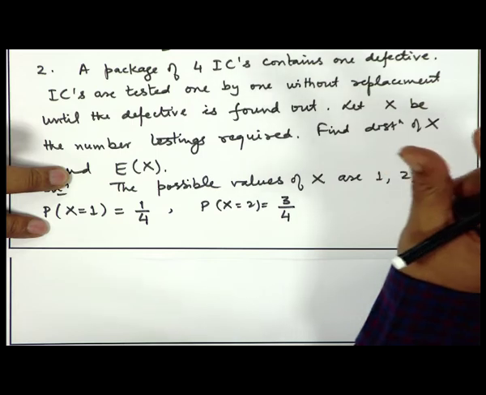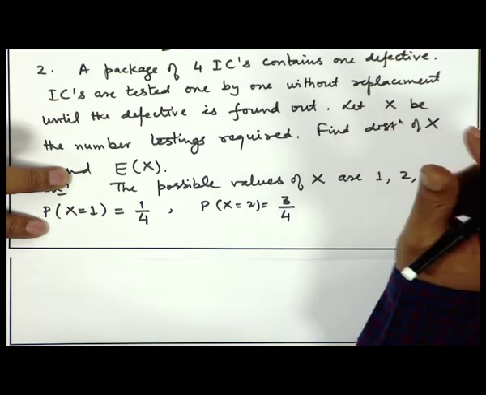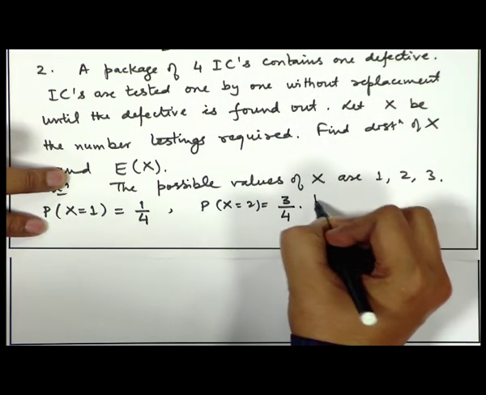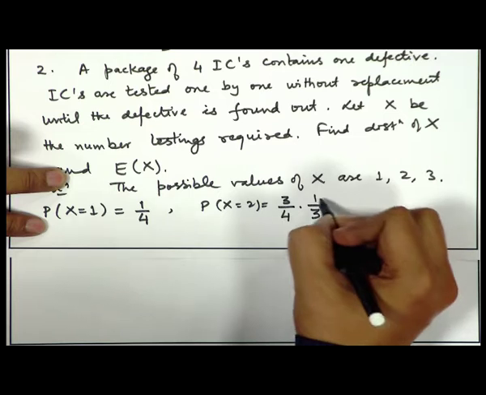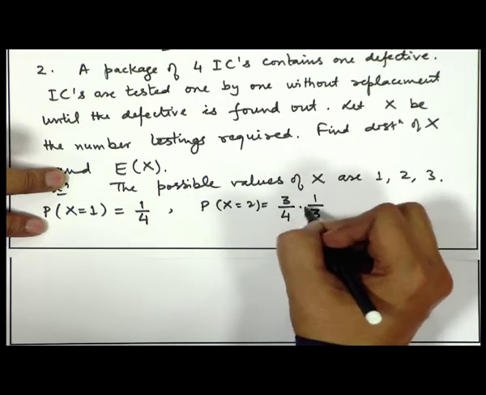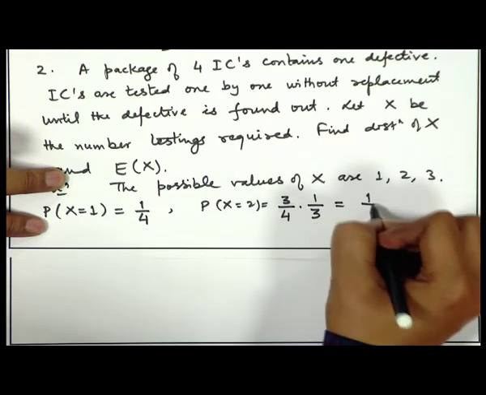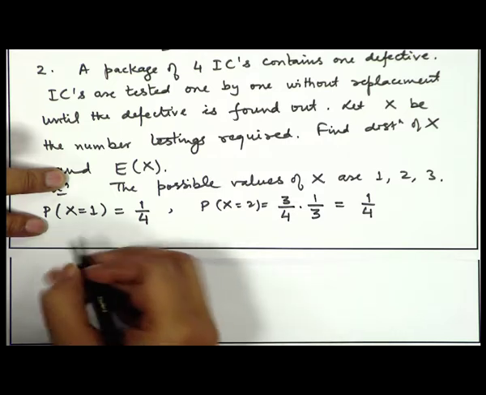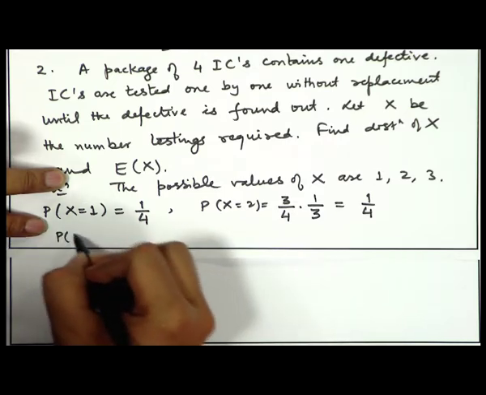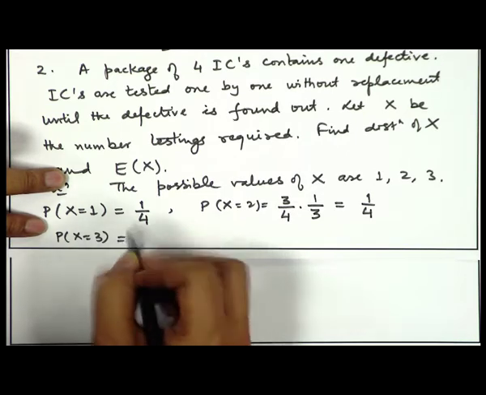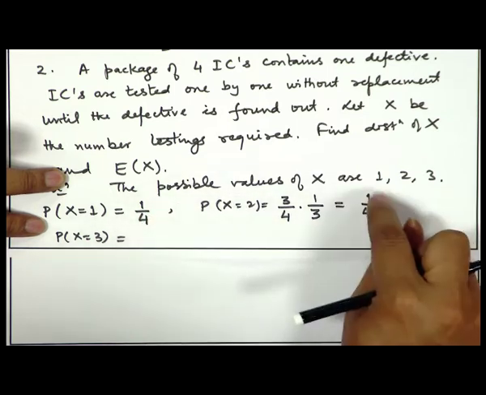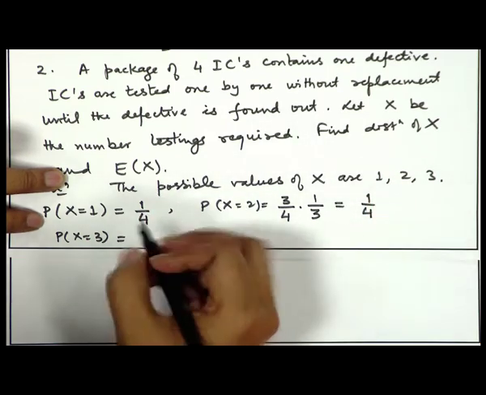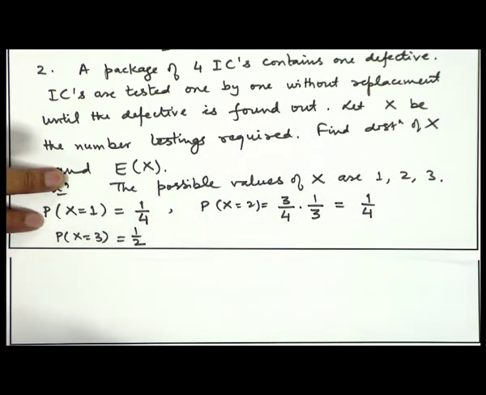Now there are 3 remaining, out of which one is defective. So in the second one we are choosing the defective, so the probability of that will be 1 by 3. So 3 by 4 into 1 by 3, which is again 1 by 4. Now in fact you do not have to calculate the probability x equal to 3, because that is the only remaining value. You have 1 by 4 plus 1 by 4, that is half. So this probability will be half.